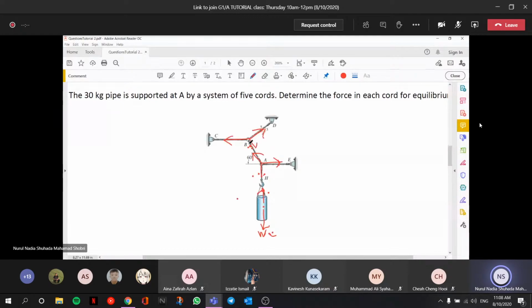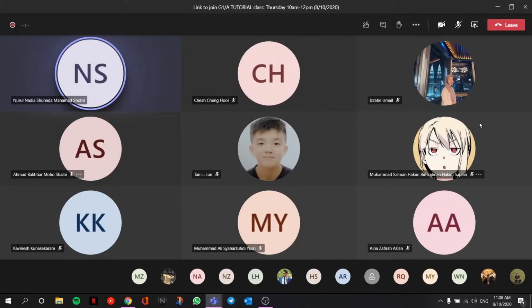When we redraw these forces into 3 separate diagrams, it should look something like this.